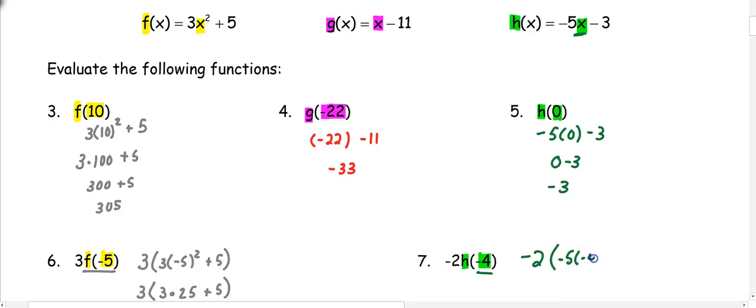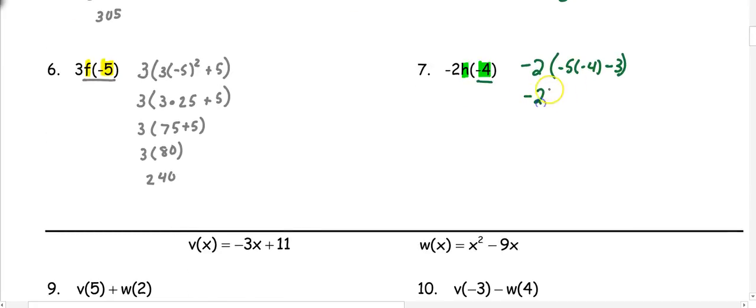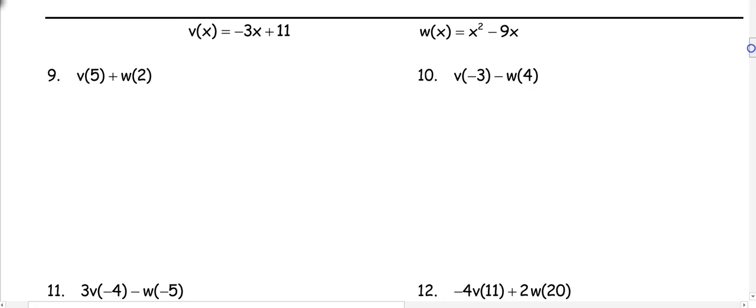So negative 5 times negative 4 minus 3. And I'm going to go through and simplify. So first I'm going to do the parentheses, negative 2 times 20 minus 3, negative 2 times 17, which would get us negative 34.